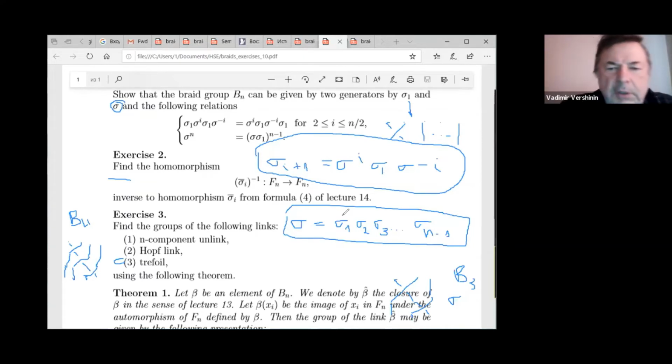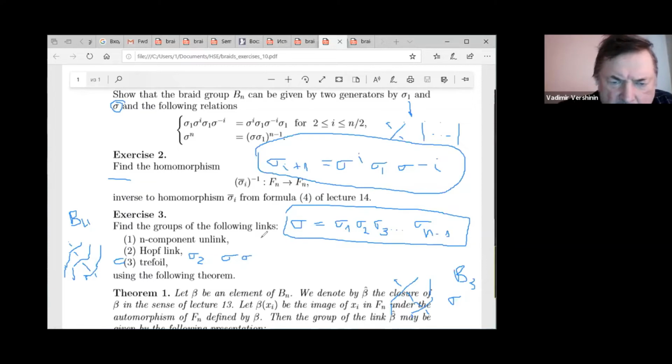So maybe not for all, a complete calculation, but just let us make a calculation for sigma 2. Why is sigma 2 expressed by this formula? Let us take sigma, because here is 2, then this is 1.